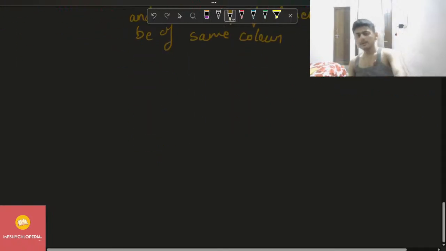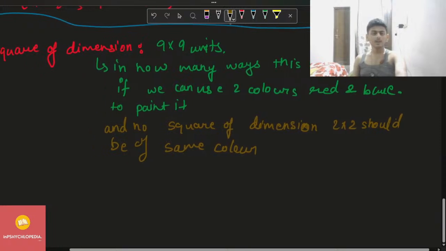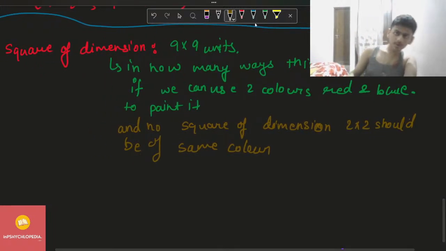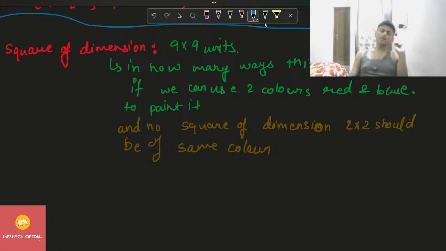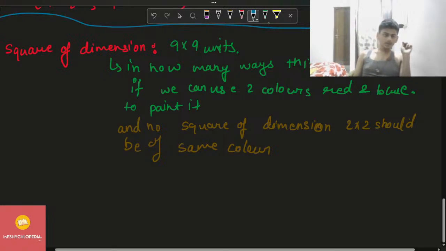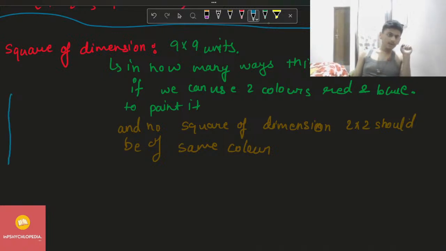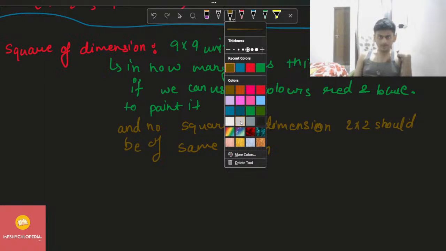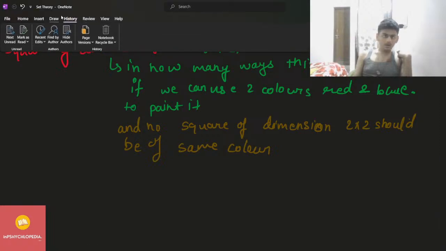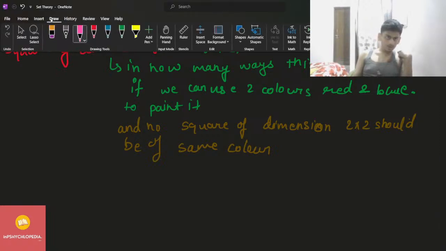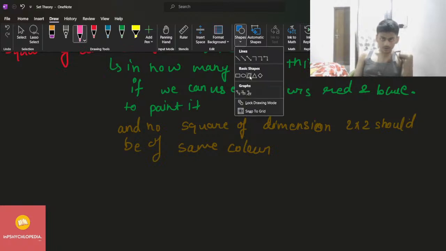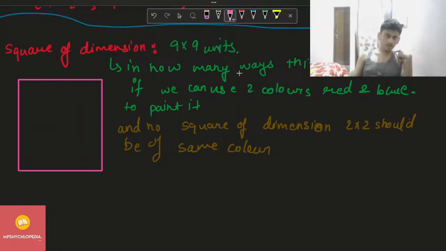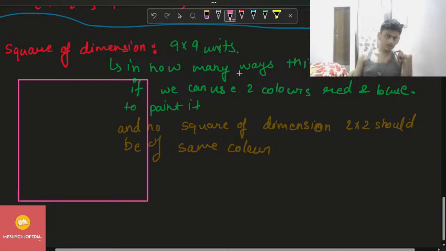So basically we have to ignore the fact that we could paint half of a square red or half blue. Let me use another color, like pink, and draw the squares.